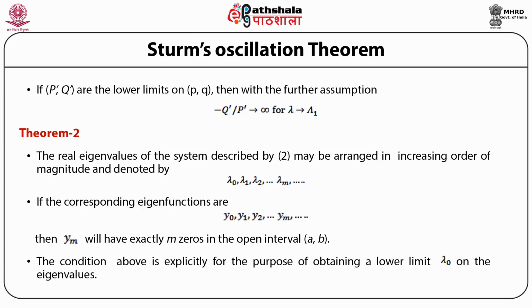The condition above is explicitly for the purpose of obtaining a lower limit lambda naught on the eigenvalues. This condition, though sufficient, is not necessary. There is an alternative set of sufficiency conditions which ensures the existence of the lower limit lambda naught.